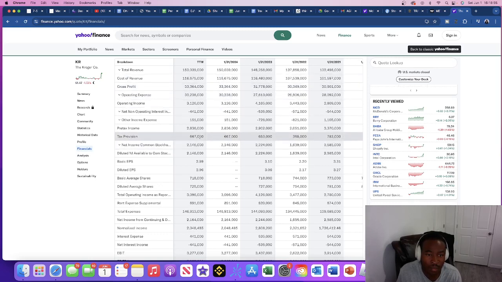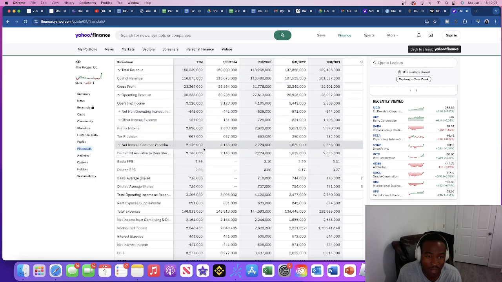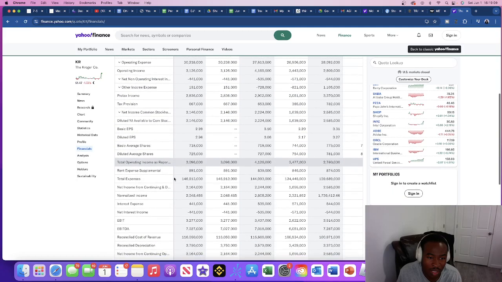And this is how much it costs them to bring in their revenue. So cost of revenue. This is how much it costs to bring in that revenue. And then this is total expenses. So this is how much they expense over that time frame.